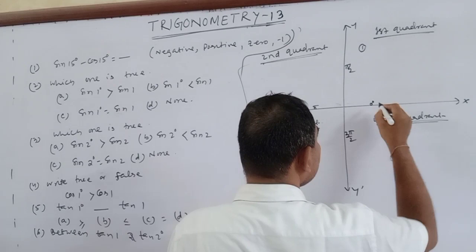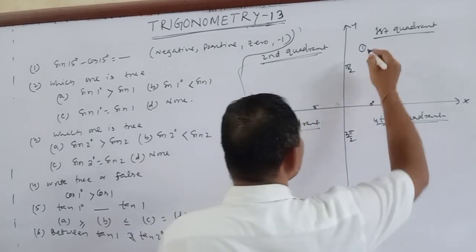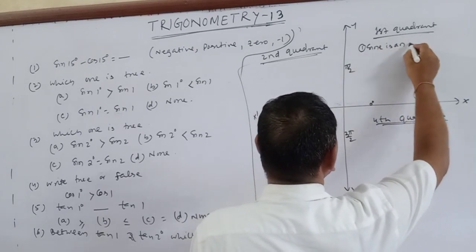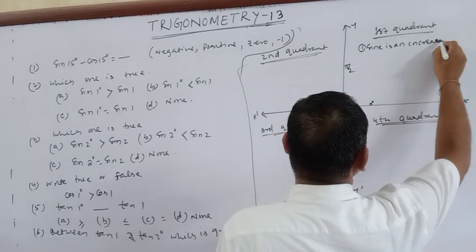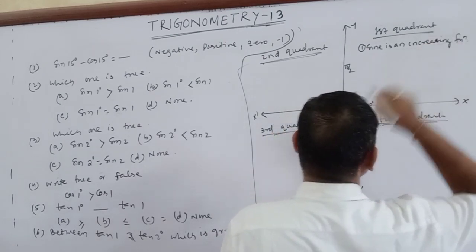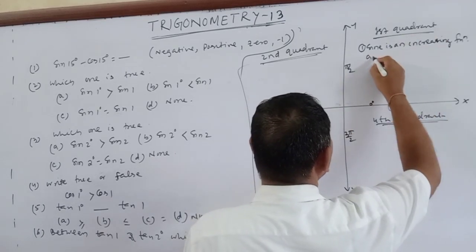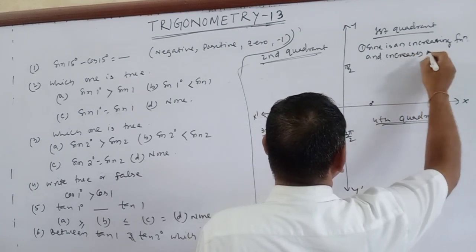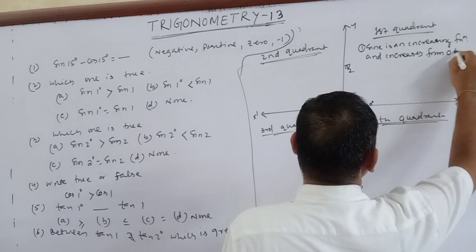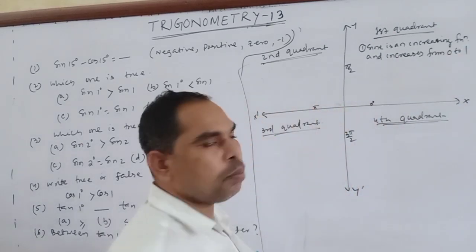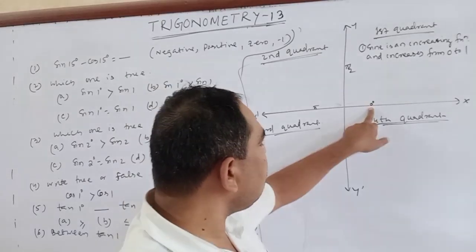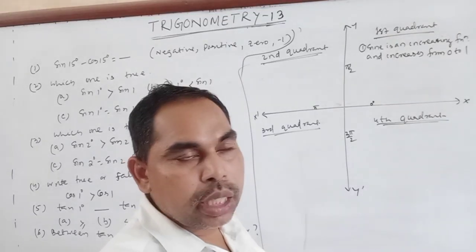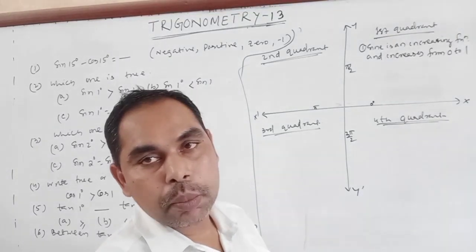So sin is an increasing function and increases from 0 to 1, because sin 0 is 0 and sin pi by 2 is 1. Particularly at 45 degree, sin 45 is 1/√2.